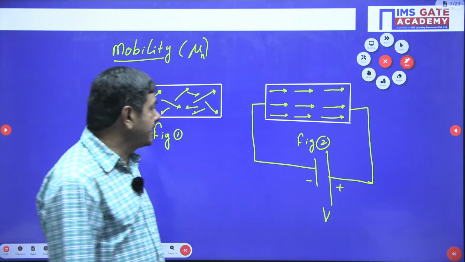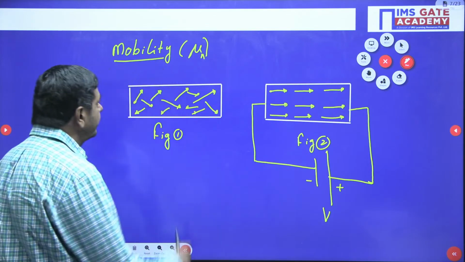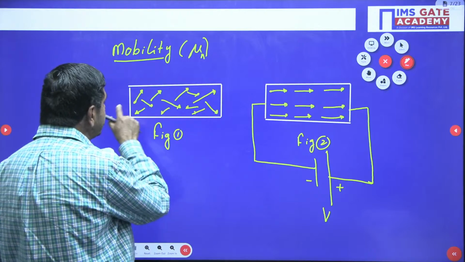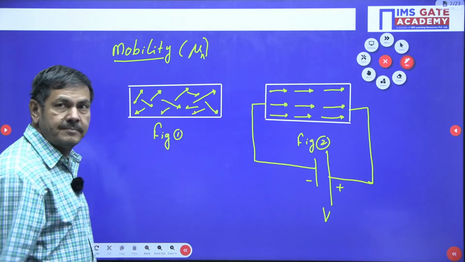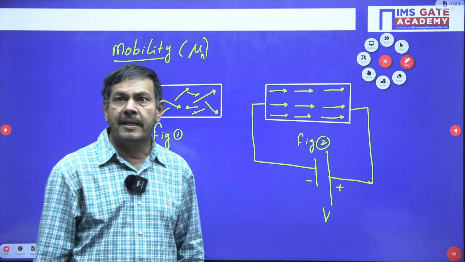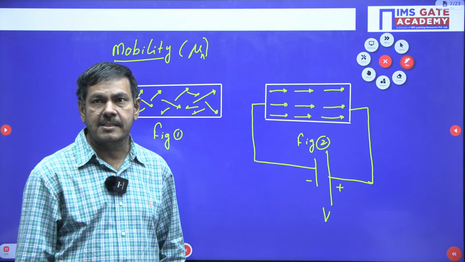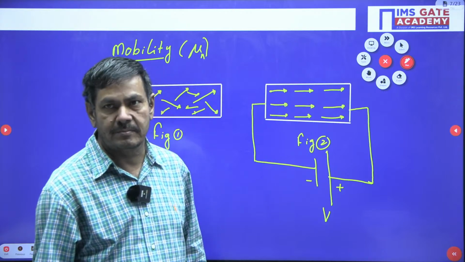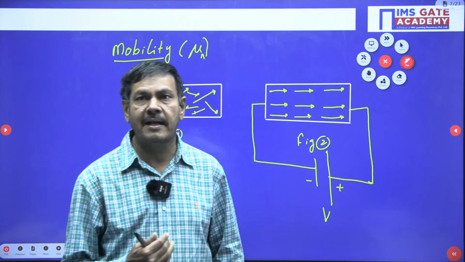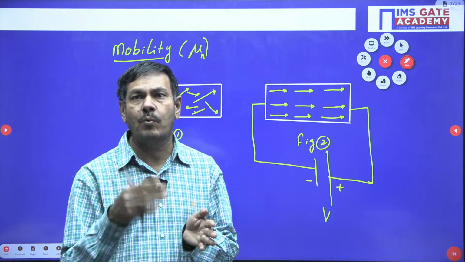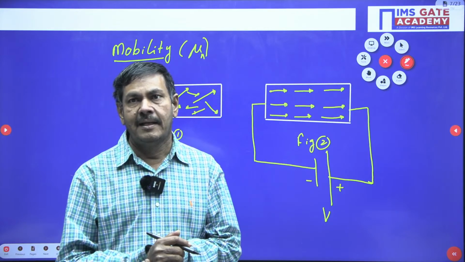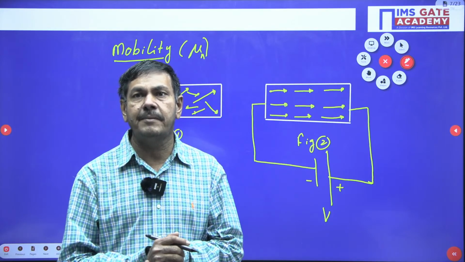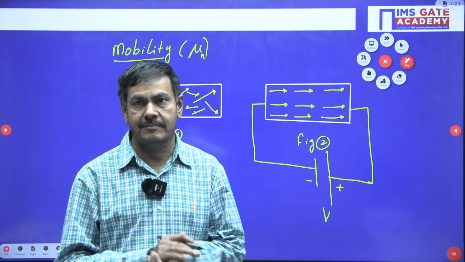In figure 1, no external source is connected. But I explained in the last class that any conductor can have many free electrons, because the valence band and conduction band overlap one over another. At that time we can find a large number of free electrons in the conductor.